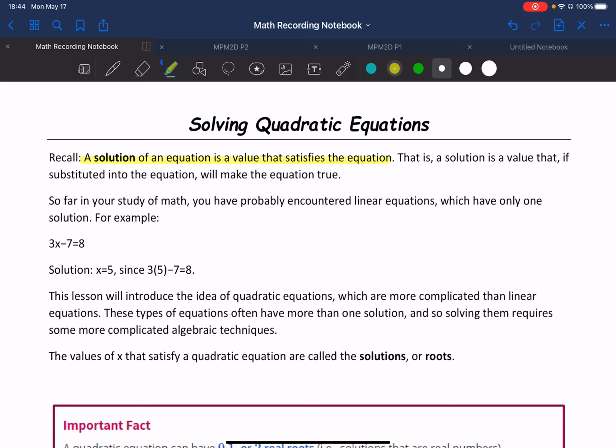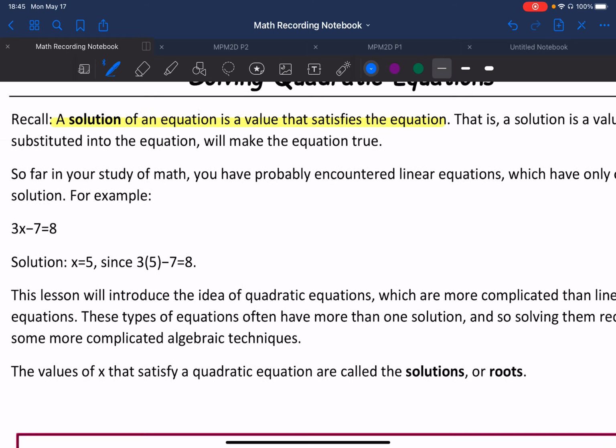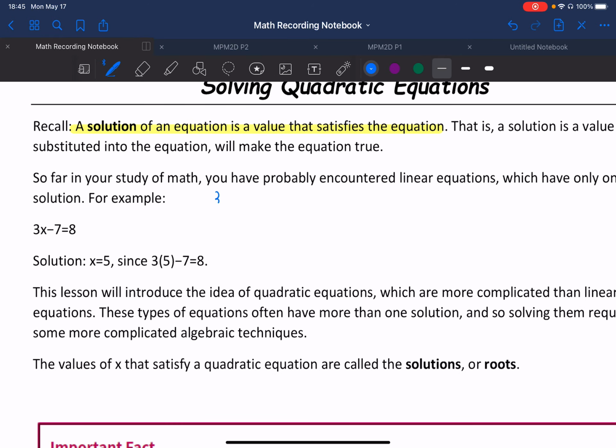So far in the study of math, you have probably encountered solving linear equations. When you're looking at linear equations, you only have one solution. So if we're looking at this example here, 3x minus 7 equals 8, there's only one solution for this, and we can figure it out by solving it. How we solve this is we bring all the same values to one side.